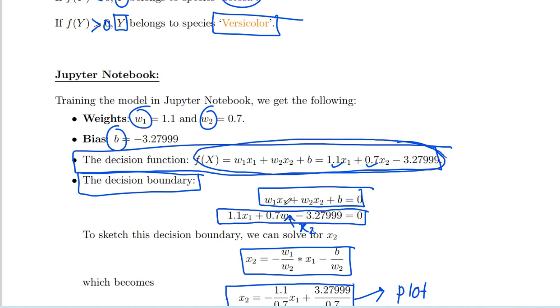To make a prediction for new data, all we have to do is plug in the values for this new data here, and if the value is positive, it belongs to Versicolor. If the value is negative, it belongs to Setosa.